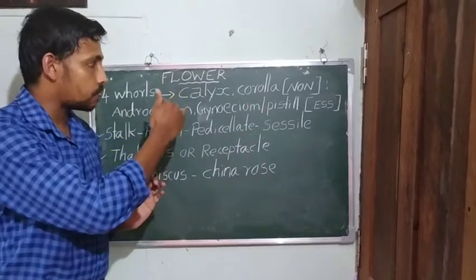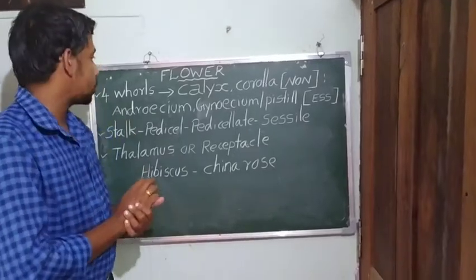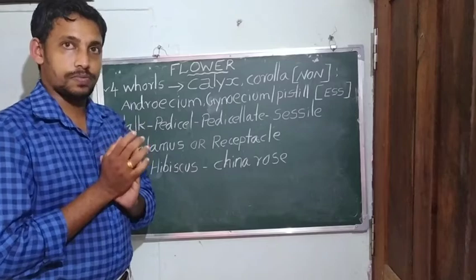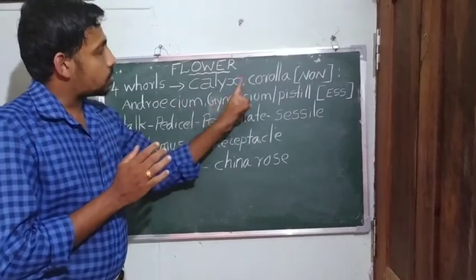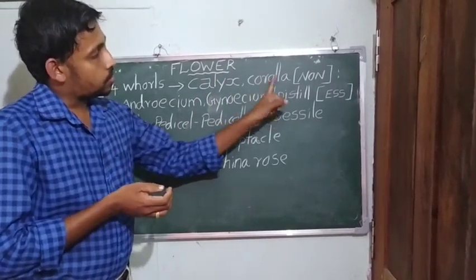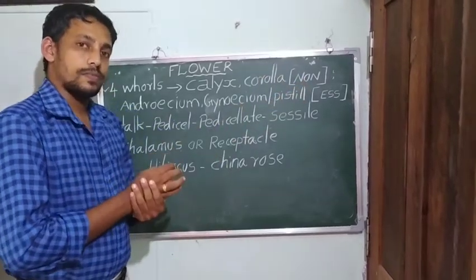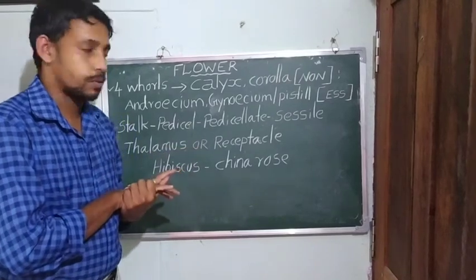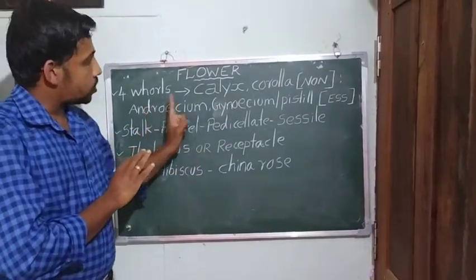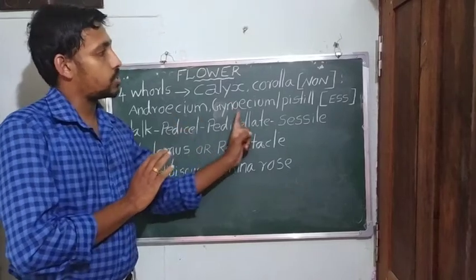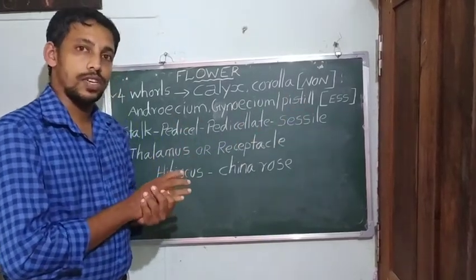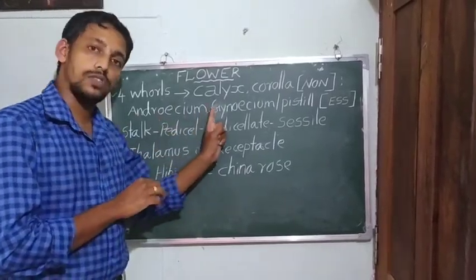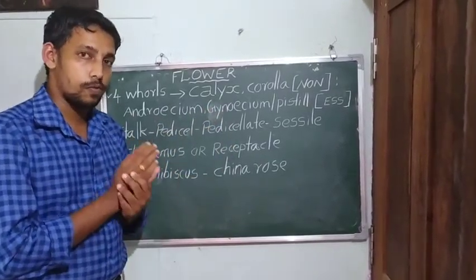These are the 4 whorls of flowers. The calyx and the corolla are known as non-essential parts because they are not taking part in reproduction directly. But androecium and gynoecium are known as essential whorls, because they are the most important reproductive structures present in the flower.